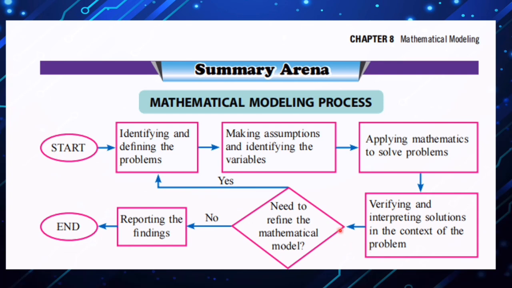Before reporting the findings, we need to decide whether the mathematical model is suitable. If no, then it will repeat from step 1 and continue in this flow. If yes, then you will report the findings and that is the end.